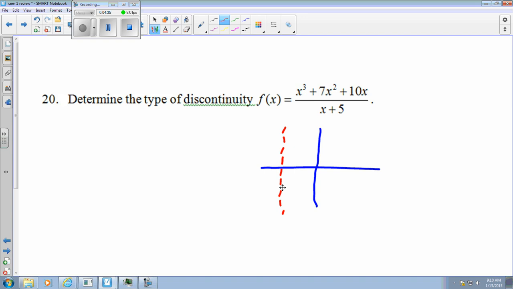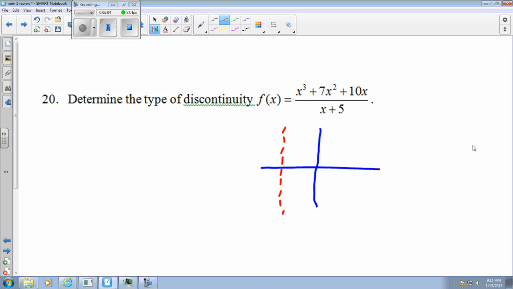So if I wanted to find out what kind of discontinuity it is, I need to know what's going on both sides of that. It's either going to be one going up and one going down, or both going the same direction. To find that out, we're probably going to want to graph it on our graphing calculators, or we're going to want to find some points. I'm going to take some time here and put this on my calculator.